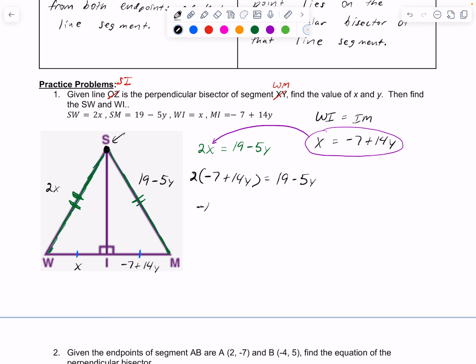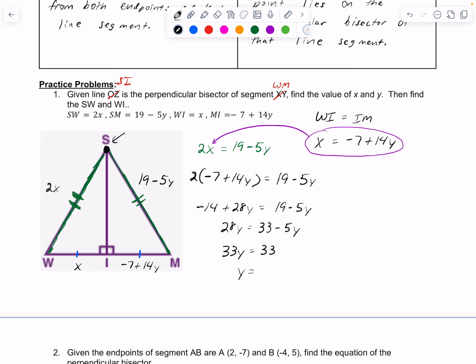Distribute the 2, get negative 14 plus 28y equals 19 minus 5y. I'm going to move my minus 14 to the other side, which will give me a positive 14 plus 19 is 33 minus 5y. Move that minus 5y over with addition, and you get 33y equals 33.